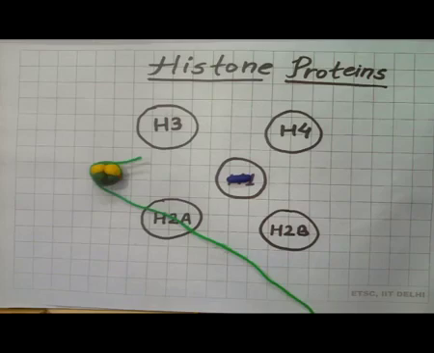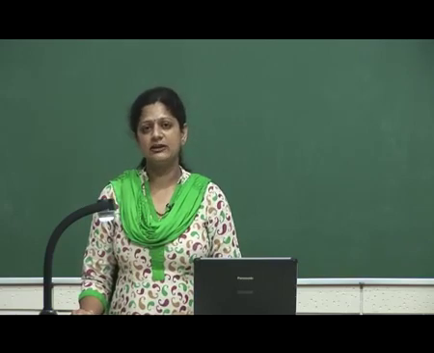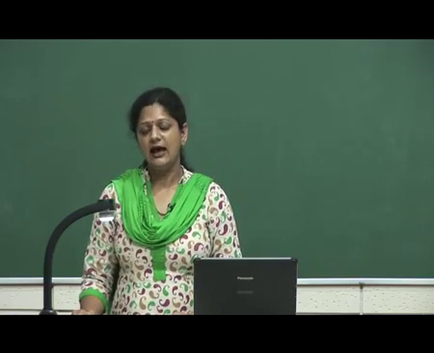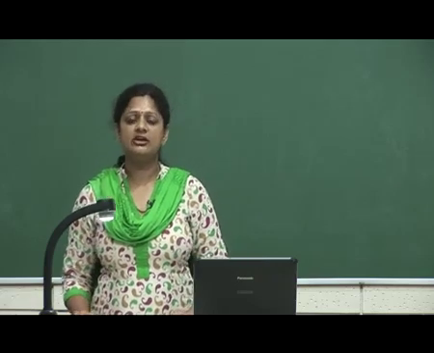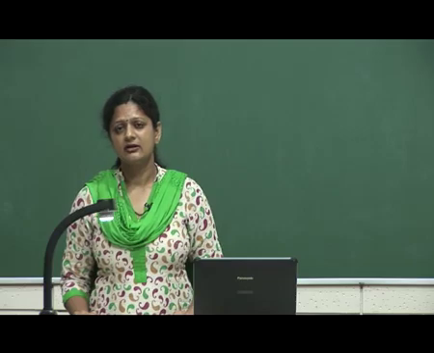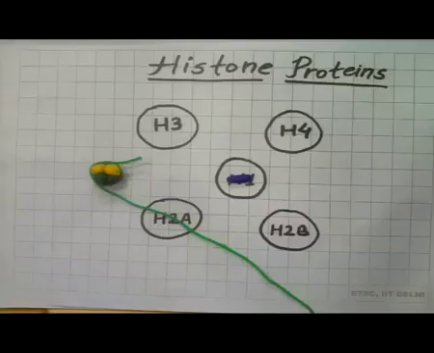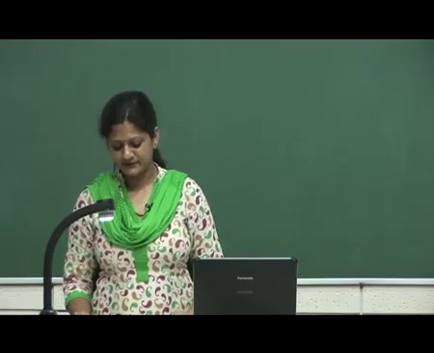This particular structure is called nucleosome, and in the same way so many histone octamers are synthesized which help the DNA to get wrapped over them, and the size of the DNA gets reduced, and because of these histone proteins, the DNA gets easily packed inside the nucleus.